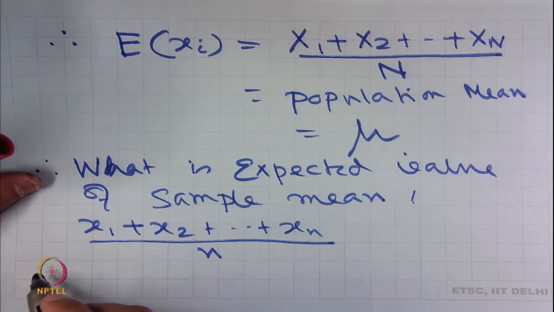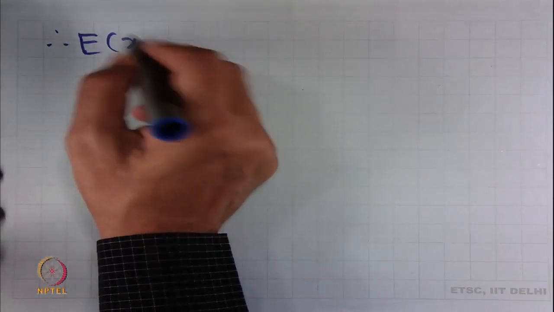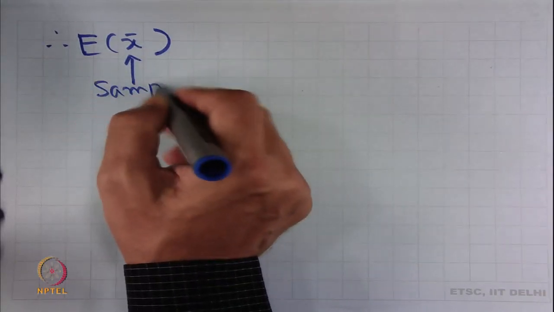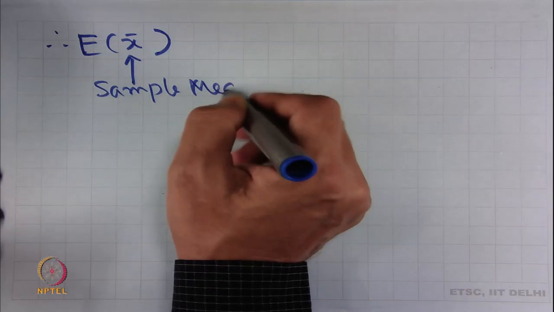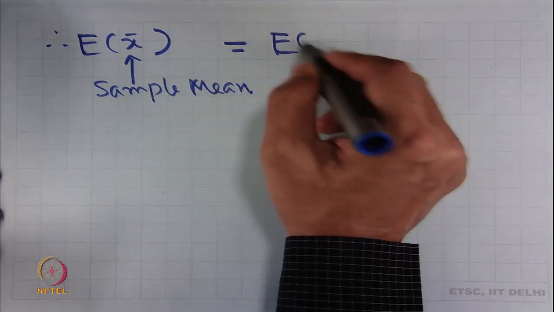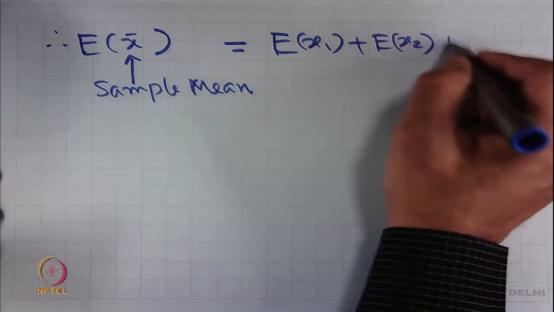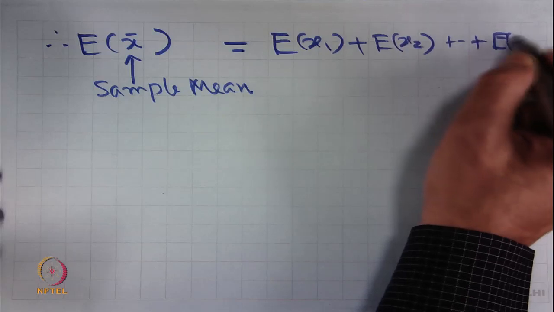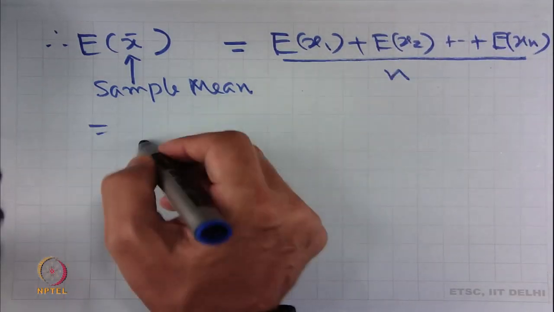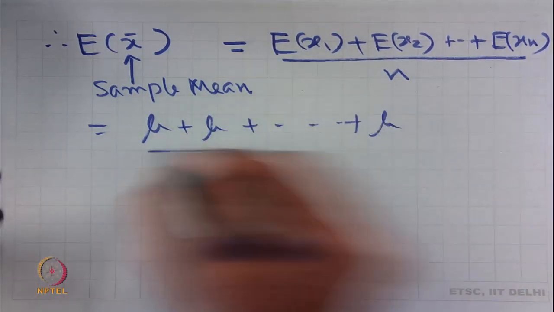Therefore, expected value of x bar, which is the sample mean, as I already said is a random variable, is equal to expected value of x1 plus expected value of x2 plus expected value of xn divided by n, which is equal to mu plus mu plus mu divided by n.